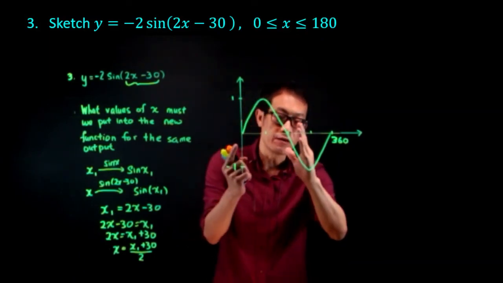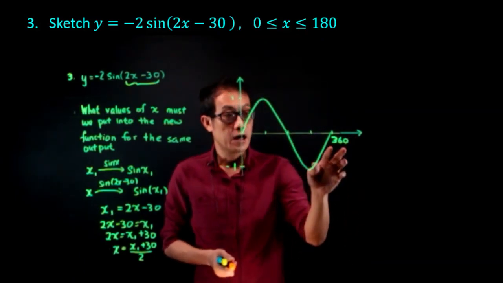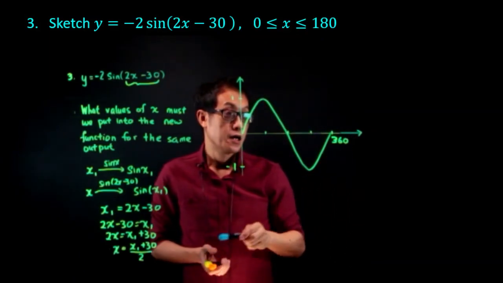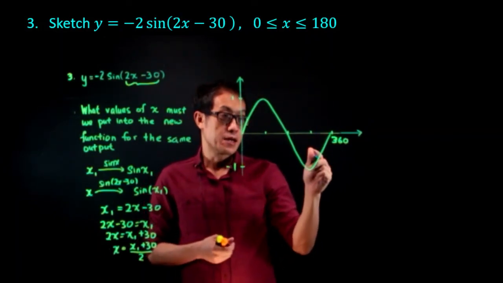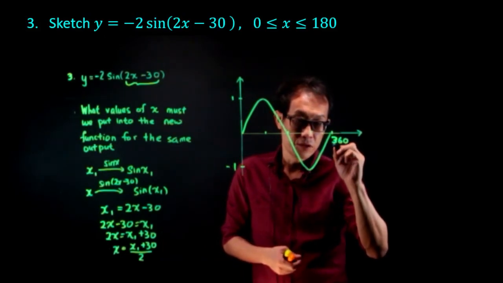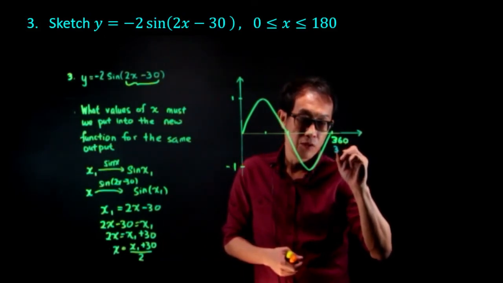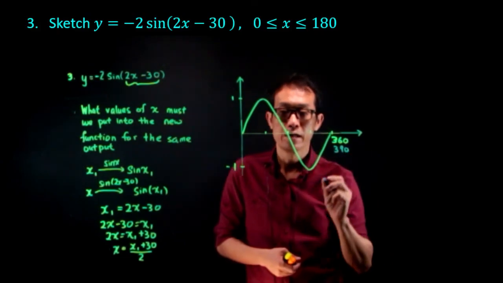Now instead of shifting the graph by 30, I'm going to change the x-intercept. So this instead of 360 will now be 390.